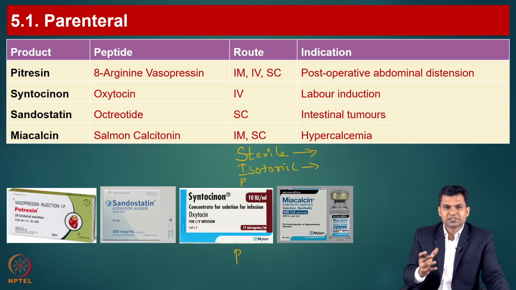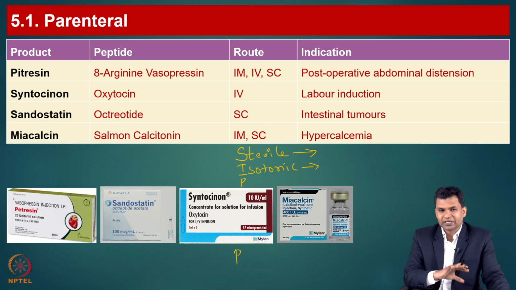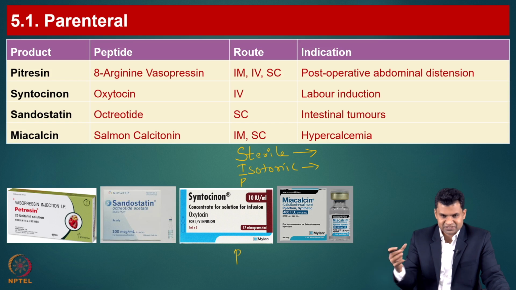There are two other conditions, hypertonic and hypotonic. In hypertonic, cells may undergo shrinkage. In hypotonic, cells may undergo swelling and burst, which further causes hemolysis.